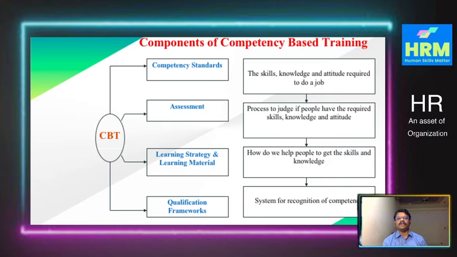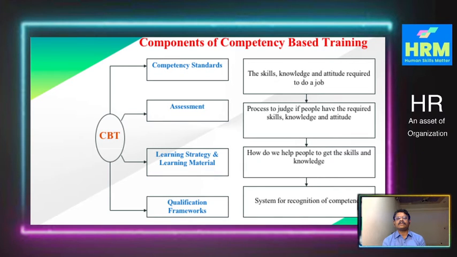And the second component is assessment. The process to judge if the people have the required skills, knowledge, and attitude. So we look at individual skills, and we find out the existing level of skills of the employees, attitude or knowledge, whatever it is.